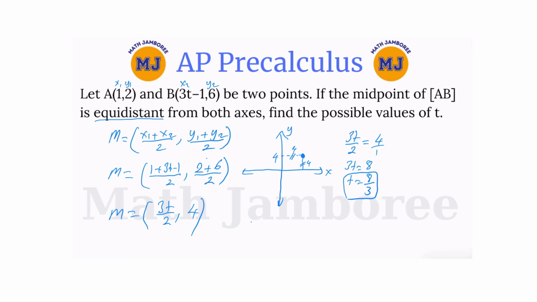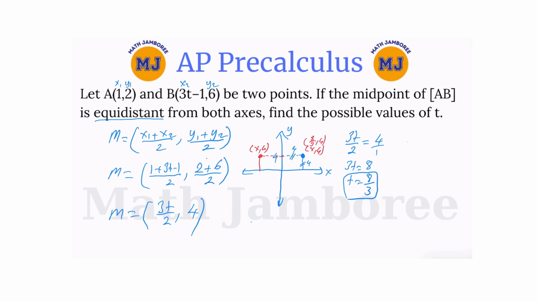What if the midpoint is here? Still its y value is 4. This was x and 4, which we already found as 8 over 3 and 4. In this case, this will be another x value and 4, but this time its x will be negative.